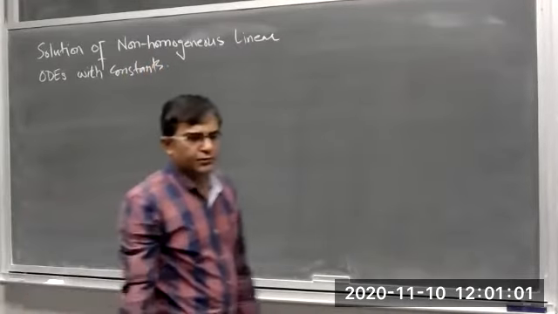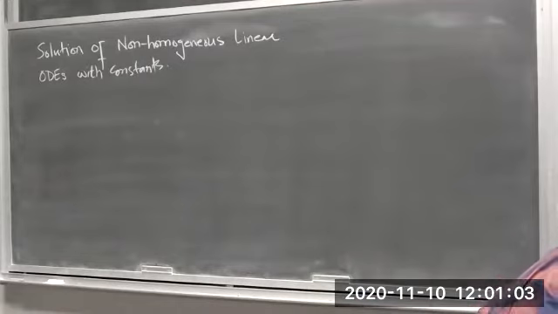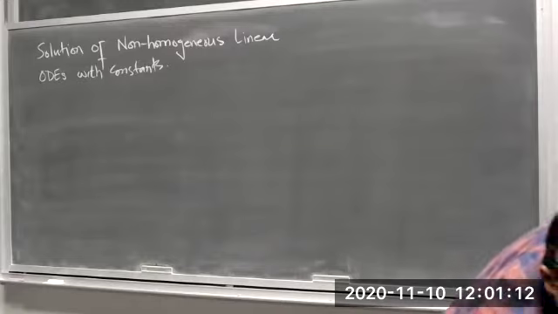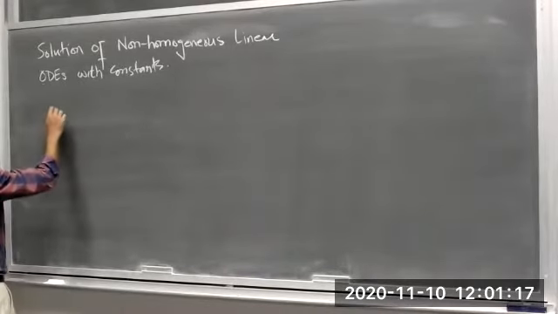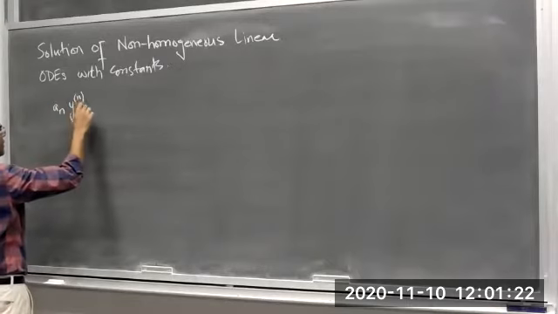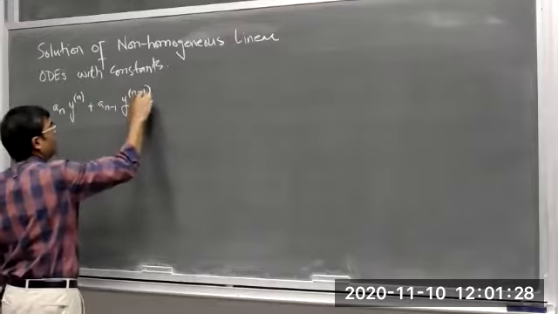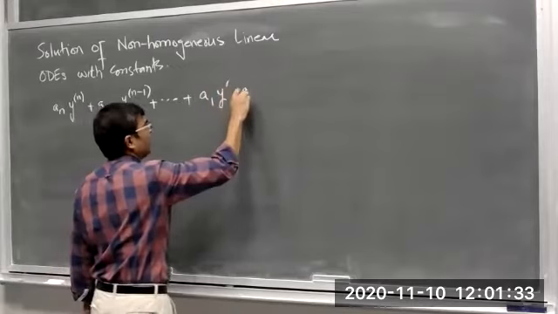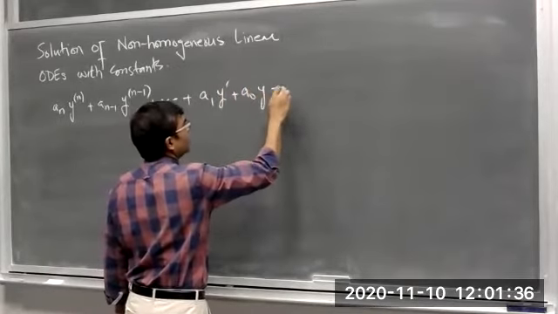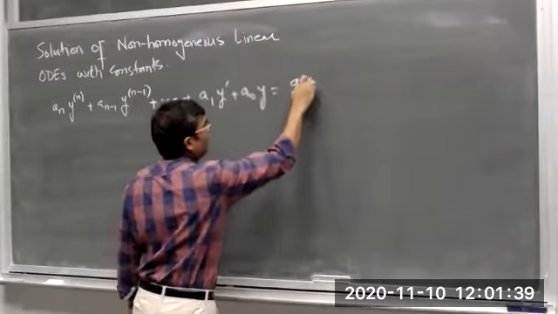I hope you know how to write a general nth order linear non-homogeneous ODE. We can write it in this form: a_n y^(n) plus a_(n-1) y^(n-1) plus so on plus a_1 y' plus a_0 y is equal to some function g of x.